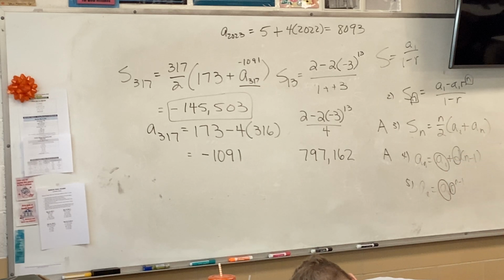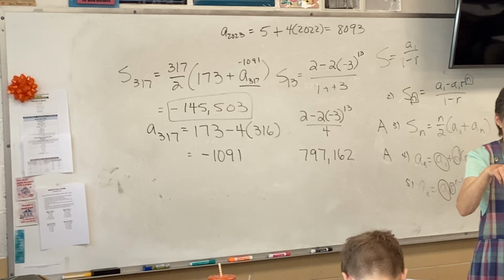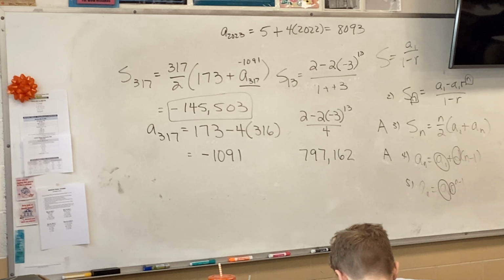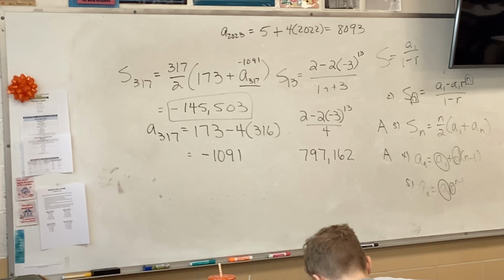All right, what about B? That's arithmetic, and the difference is 3, because we keep adding 3. How about C? Geometric, we are multiplying by -7. Your ratio is -7.